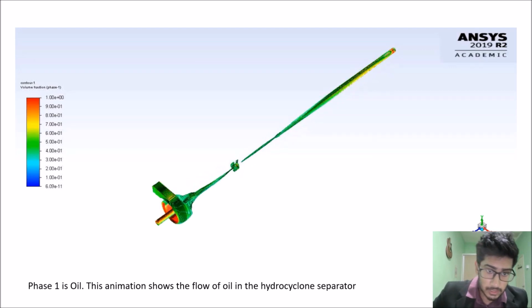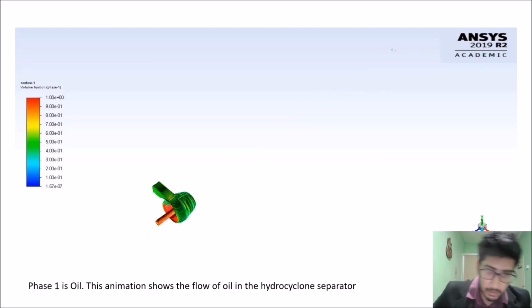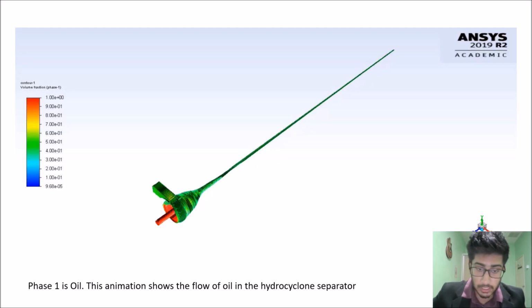We can see that oil is coming out around here, and after some time we do have some oil slowly leaving the other outlet, as can be seen in the graph. However, the oil leaving outlet 1 is still less than 5%, so it's still an acceptable region, and this is the best result that we got.